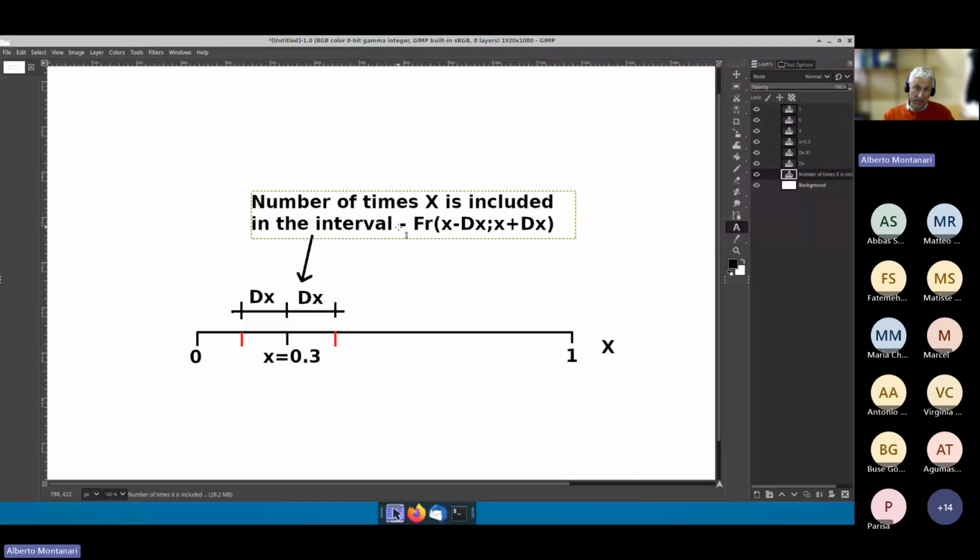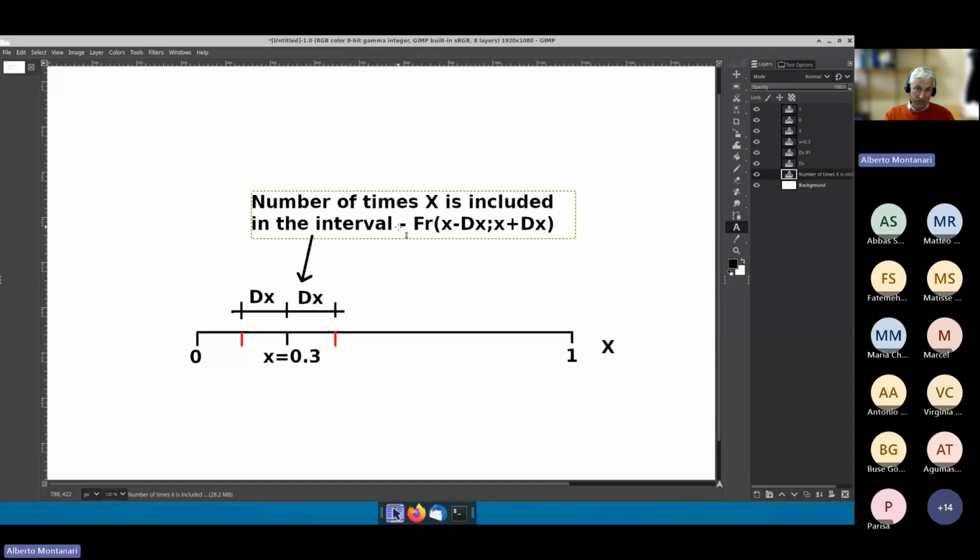What could be a way to make this kind of estimation independent of the length of the interval? Do you have any idea? A possible idea is, given that the frequency increases for increasing length of the interval, why don't we divide the frequency by the length of the interval?